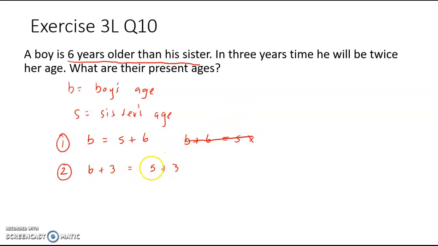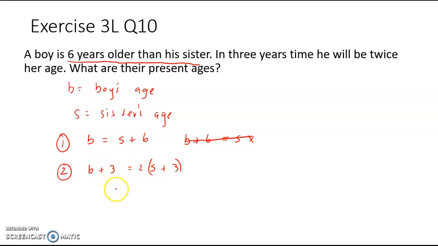He'll be twice her age though. So his age in 3 years' time is equal to twice hers. If you add 3 on, he'll be double what she is. And that's true. If in 3 years' time, we add 3 years to both their ages, he's going to be twice her age.